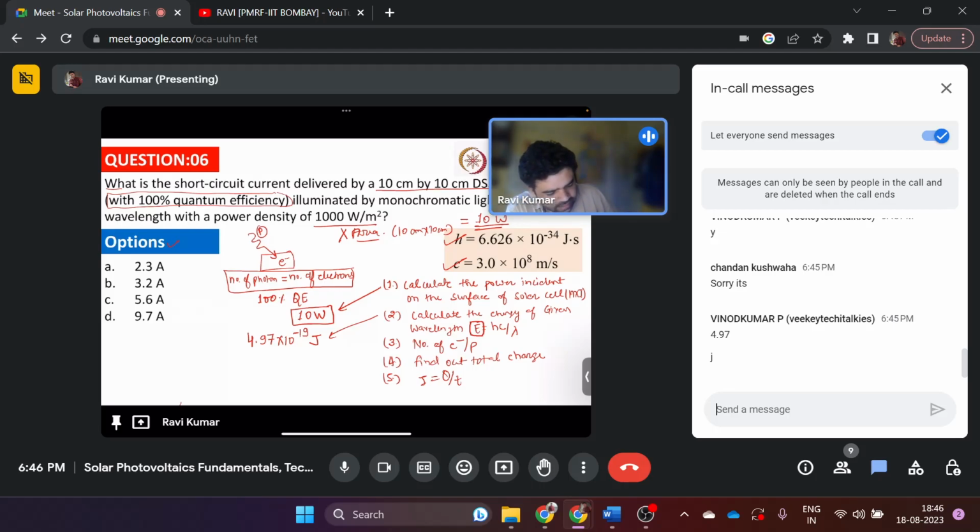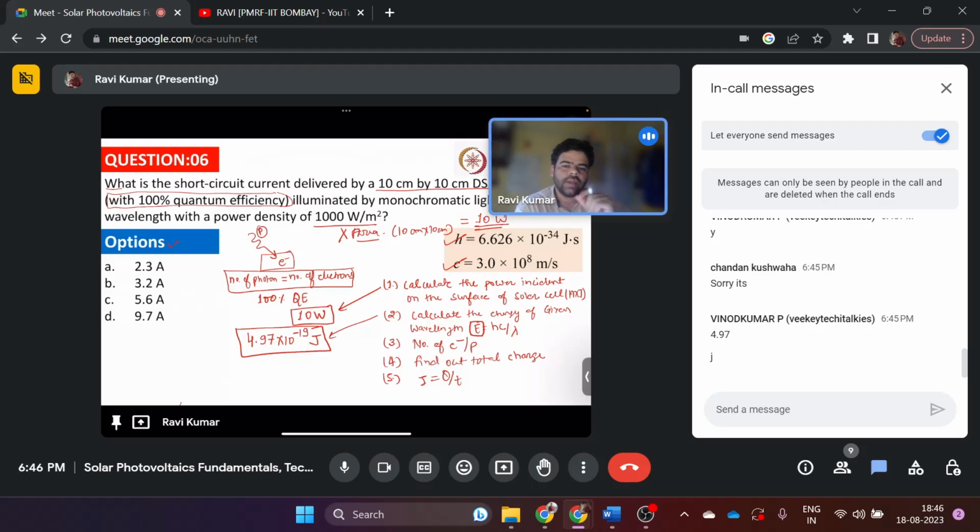Okay. So second step said 4.97 into 10 to the minus 19 joule. Now the third step is the number of electrons or number of photons. See, this 10 watt, what is it? 10 joule per second. And we have the energy of 1 photon.